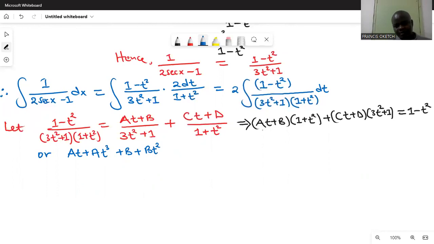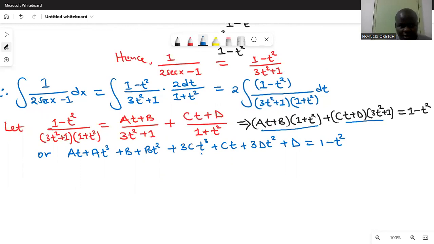I have multiplied the first term. Then the next term will give us 3c t cubed plus ct plus 3d t squared plus d equals 1 minus t squared.